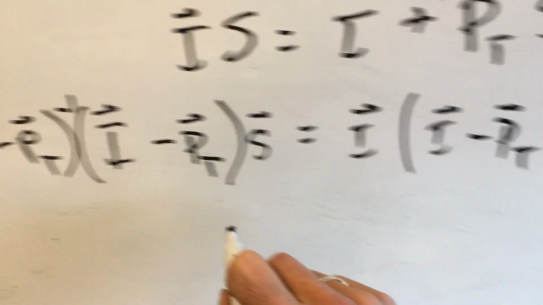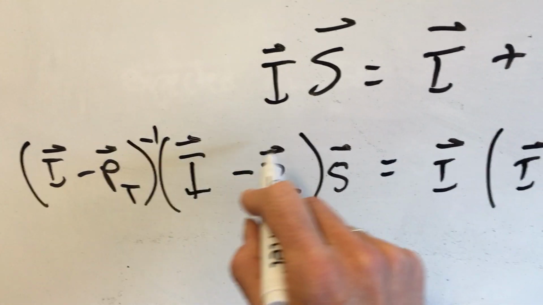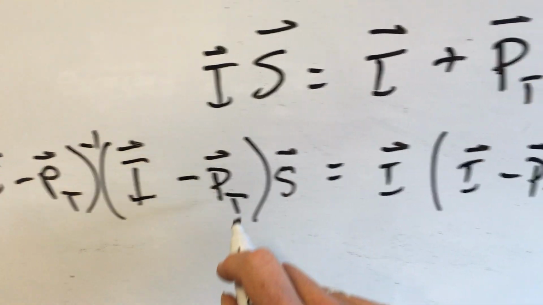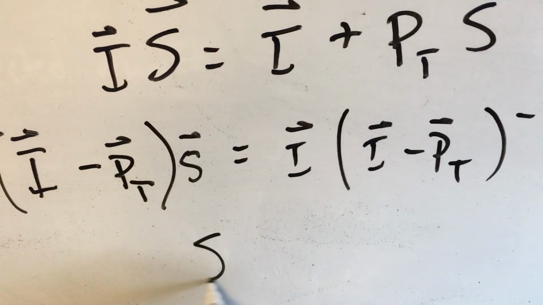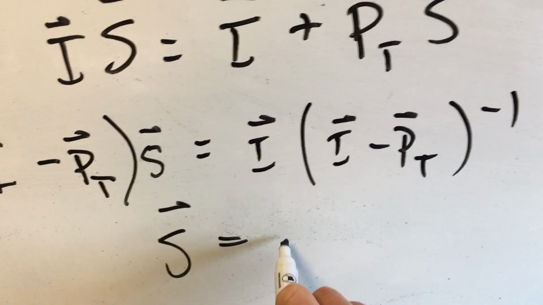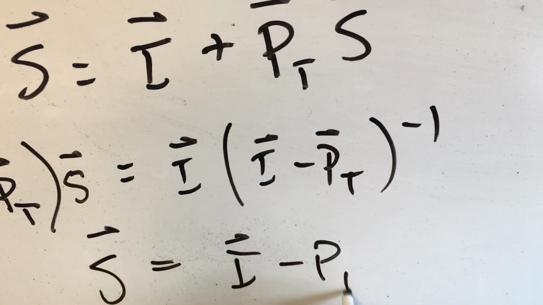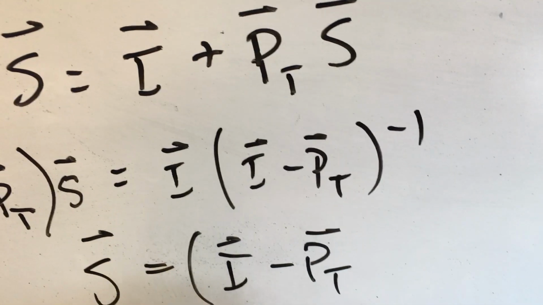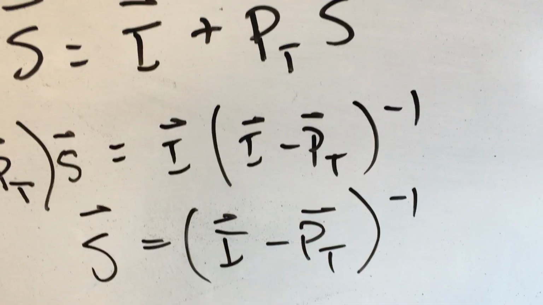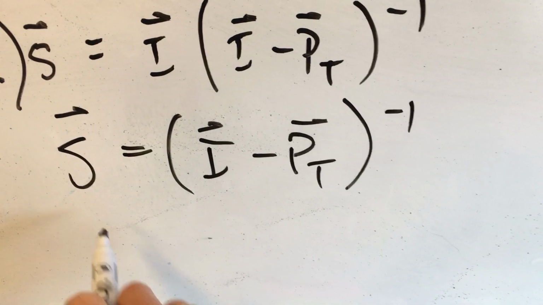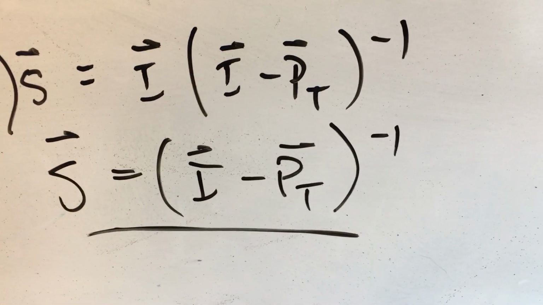So these become the identity matrix, and this thing stays. So S is the inverse of the identity matrix minus that P_T, the partial single-step transition matrix. So this right here is what you need to use.